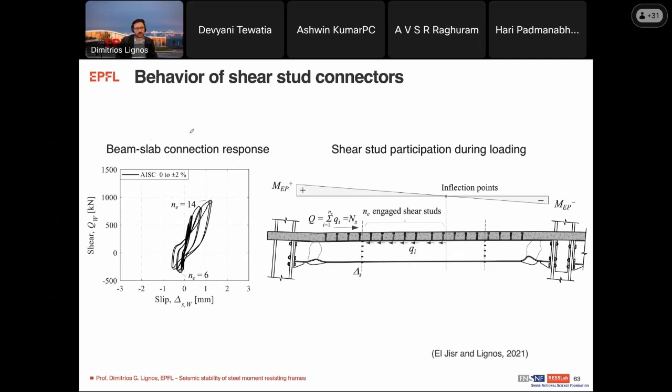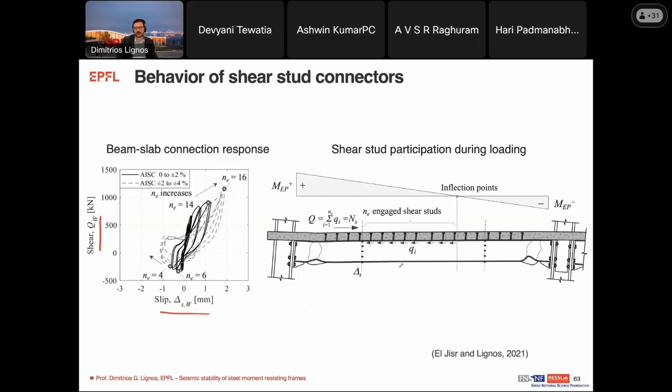A few words on the stud behavior before I jump into the very last subject. So what you see here is how the shear at the beam slab interface versus slip changes.